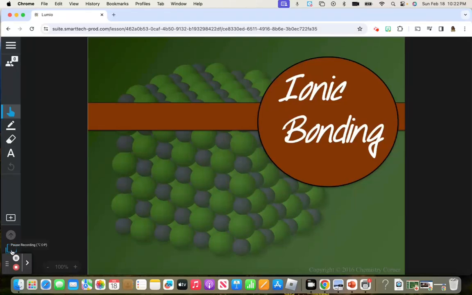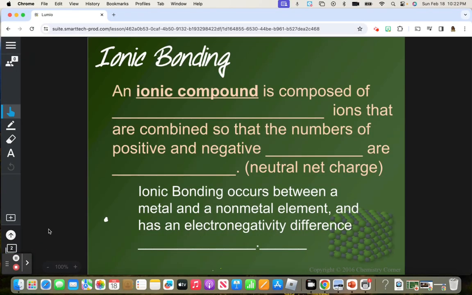So let's get started. We have ionic bond. Ionic bond compounds are composed of positive and negative ions that are combined so that the number of positive and negative charges are equal, so we have a neutral net charge.